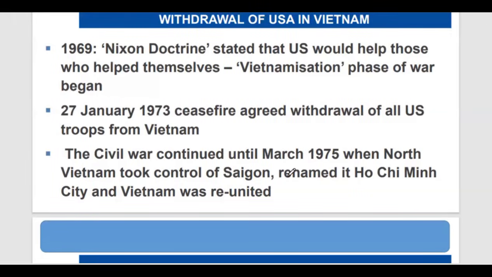Vietnamization phase of war began. On 27 January 1973, a ceasefire was agreed and all U.S. troops withdrew from Vietnam. They withdrew their troops back to America, and civil war continued until March 1975, when North Vietnam took control of Saigon, renamed it Ho Chi Minh City, and Vietnam was reunited.